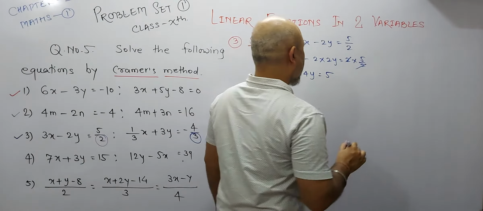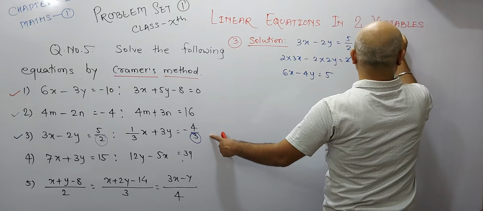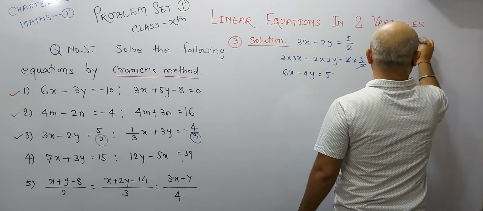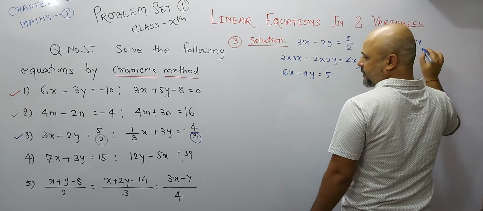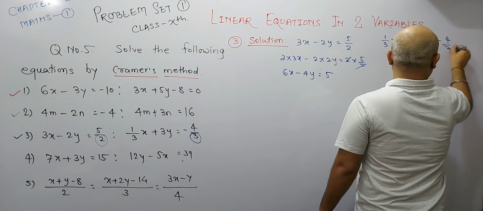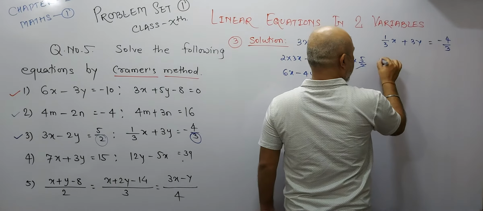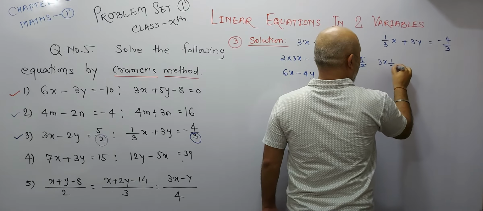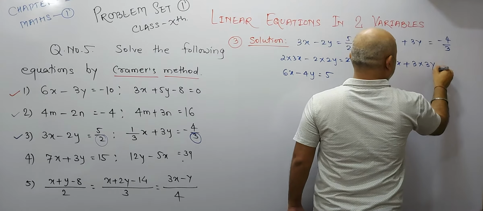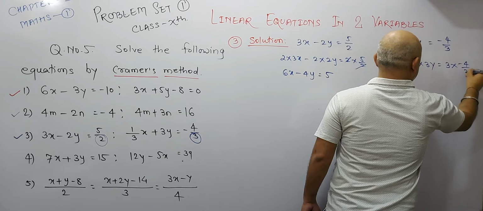Okay. And for the second equation, that is 1 by 3x plus 3y is equal to minus 4 by 3. You are going to multiply this equation by 3. So write 3 multiplied by 1 by 3x plus 3 multiplied by 3y is equal to 3 multiplied by minus 4 upon 3.